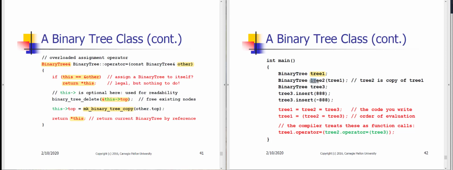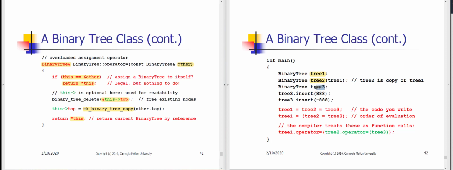The second binary tree object, tree2, is going to be initialized using the copy constructor. It will be a copy of tree1. That's actually not very interesting because tree1 doesn't have anything in it. But even if tree 1 did have stuff in it, this would be a successful copy of all of the data in tree 1 into tree 2.